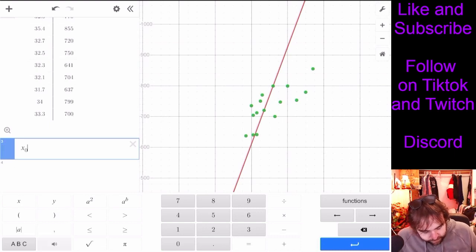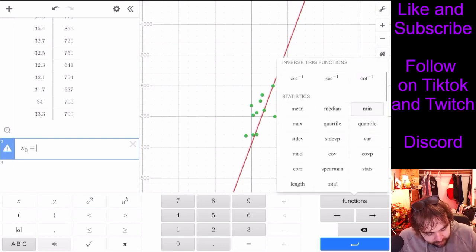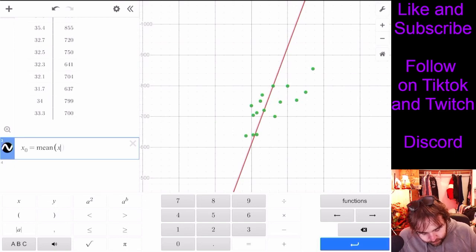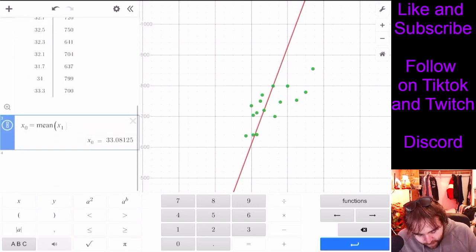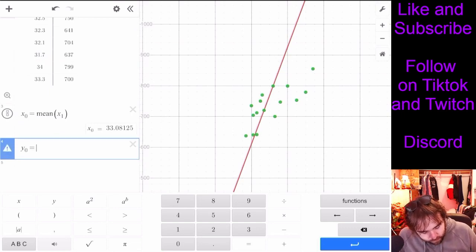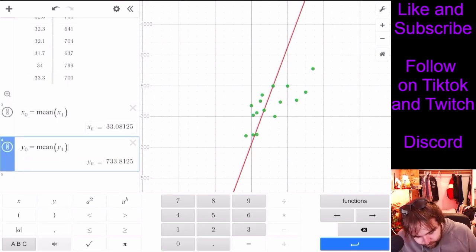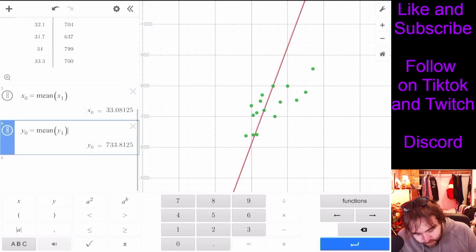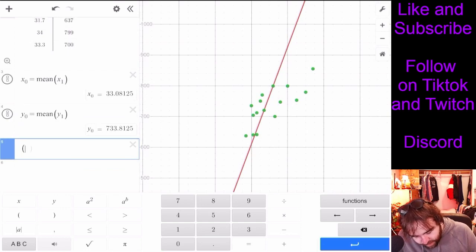So let's define it. The x coordinate of the point is just going to be the average of our x coordinates. And then the y coordinate of the point, I'll call it y0, is going to be the average of the y coordinates. So that's pretty straightforward. Maybe I'll put that point on the graph.